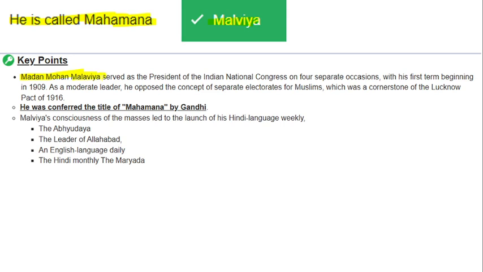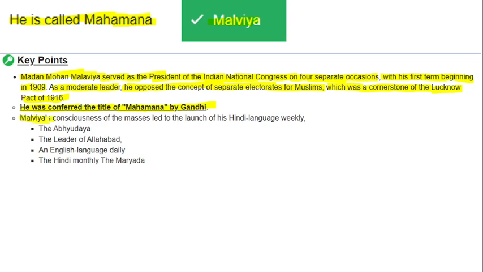Madan Mohan Malviya served as the president of the Indian National Congress on 4 separate occasions, with his first term beginning in 1909. As a moderate leader, Madan Mohan Malviya opposed the concept of separate electorates for Muslims, which was a cornerstone of the Lucknow Pact of 1916. Madan Mohan Malviya was conferred the title of Mahamana by Gandhiji.